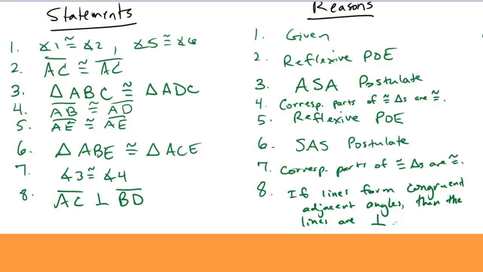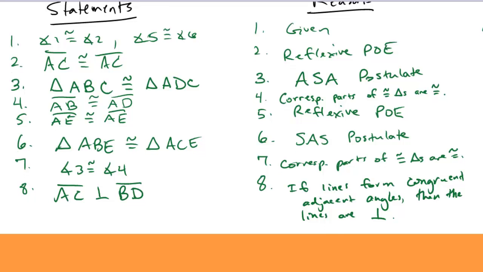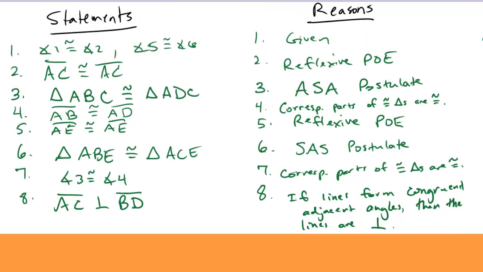That is probably the longest proof we've looked at so far in this class. 8 steps with 8 reasons. And that's the shortest way we can go about that proof. We can break it down into what we might call key steps, the significant steps that led us to where we wanted to get. The first of those key steps was to show that triangle ABC was congruent to triangle ADC.